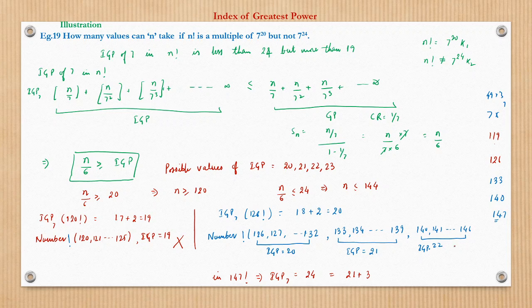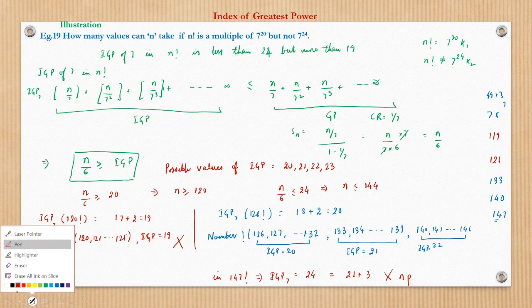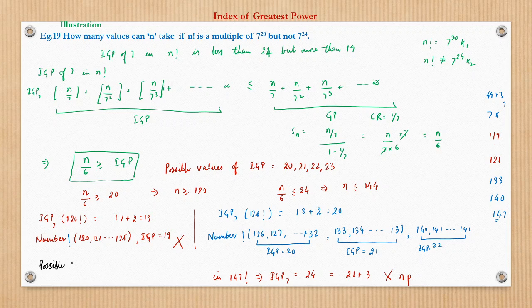So what are the possible numbers for us? These are the possible numbers from 126 to 146. So this is not possible, right? This is also not possible. So the possible values of n would be 126 to 146.